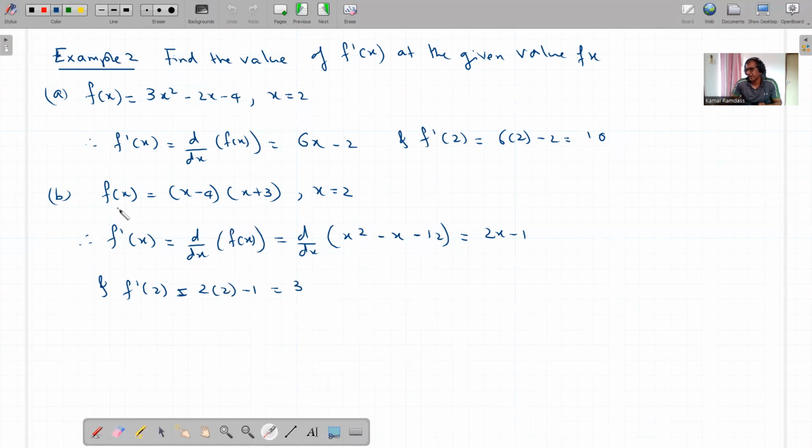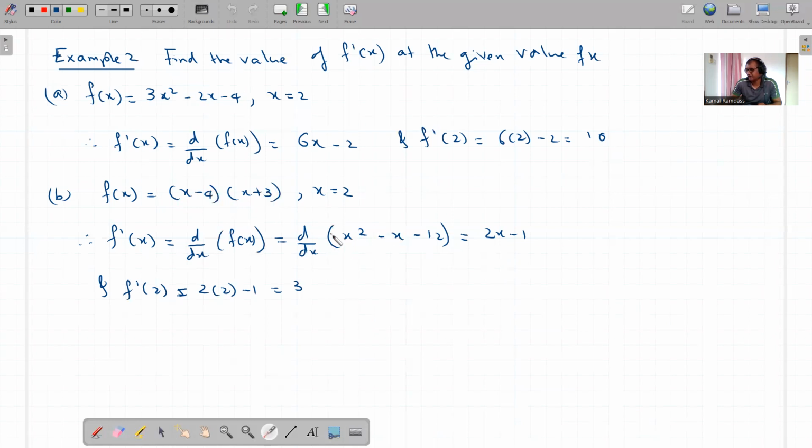Deuxième exemple, f of x is equal to x to the power of minus 4 times x to the power of 3 at x is equal to 2. F prime of x is equal to d by dx de fx, d by dx pour évaluer sa product là first, x square minus plus 3x minus 4x minus x minus 12.